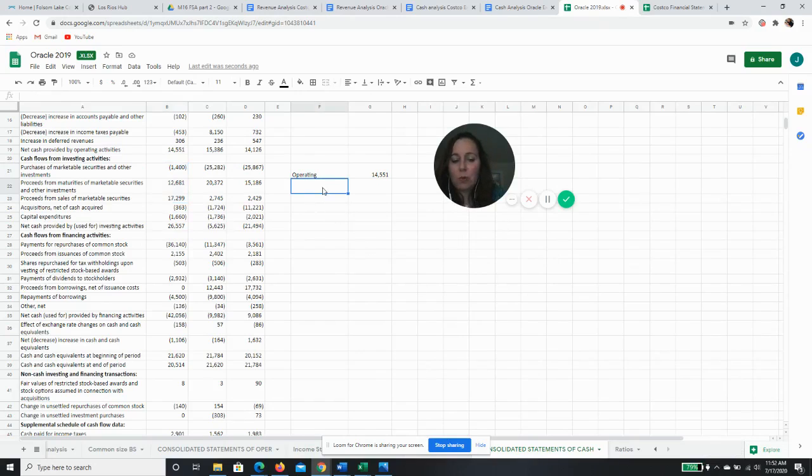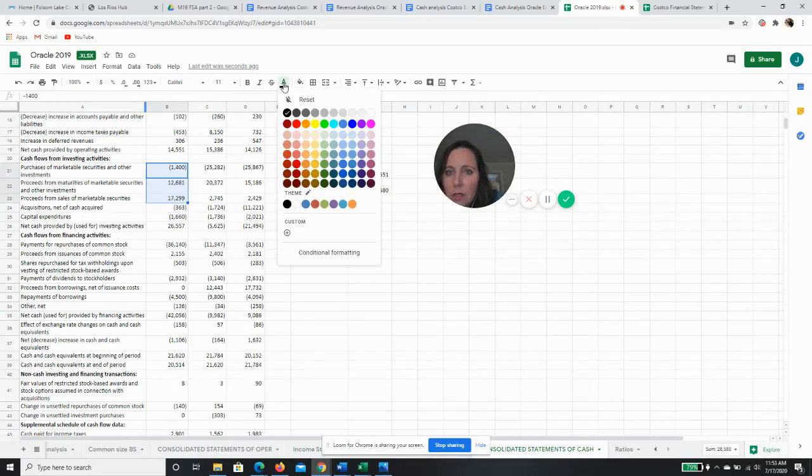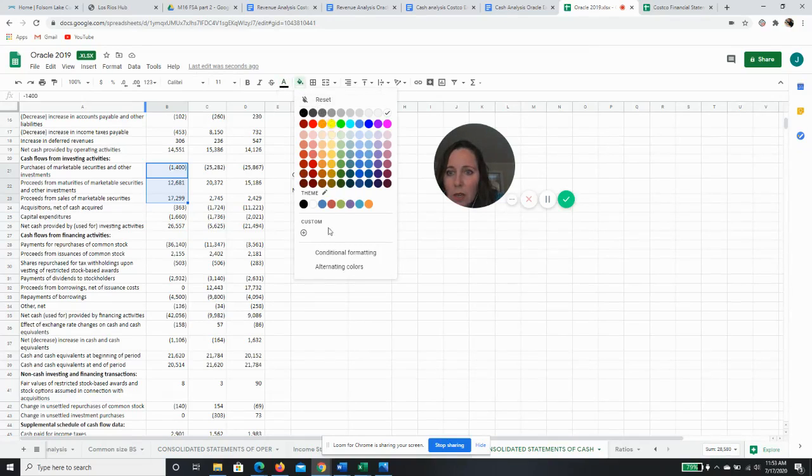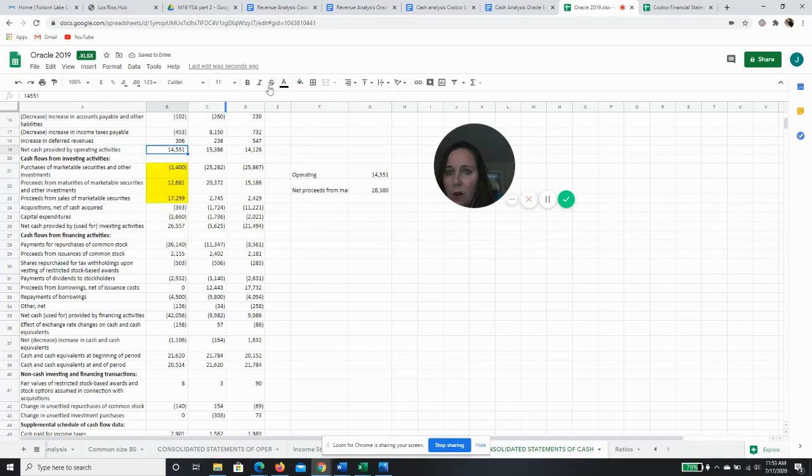So I'm going to put net proceeds from marketable securities. I'm going to add my three numbers to make sure I have the right amount, and I see net proceeds of 28,580. Now I'm going to add some fill color to mark those so I know what I've already included.